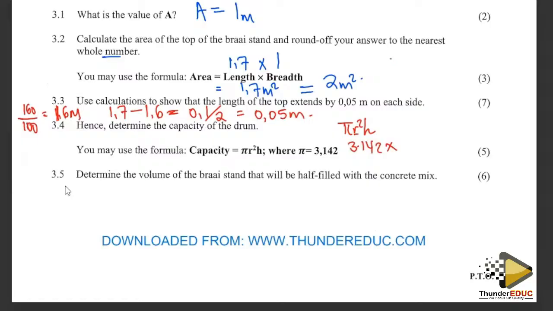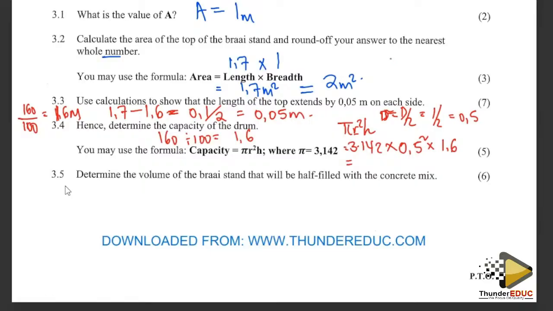Do you have the radius? No, we only have the diameter. So the radius will be the diameter divided by 2. The diameter was 1, so we have 0.5. Come and substitute it here, times the height. The height, we've already changed the 160 centimeters to meters. You have 1.6. So you come here and put 1.6.